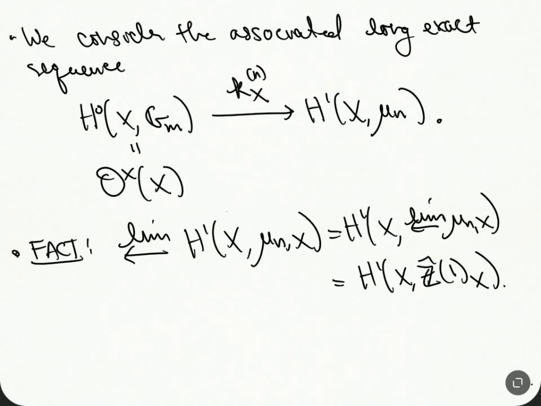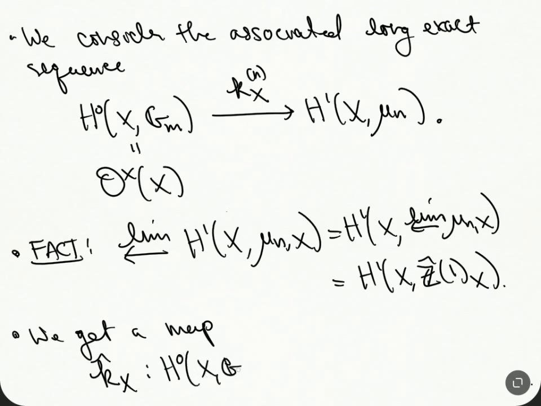All right, so we have this, and we get a map, kappa hat of X, from h0 of X, G m to this Z hat 1, by taking limits.